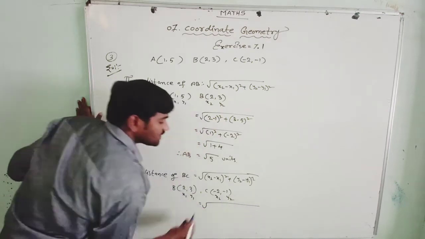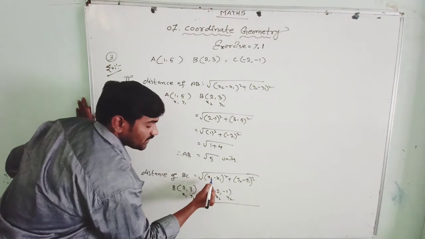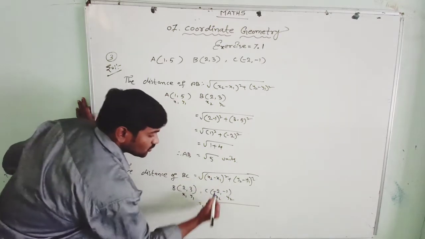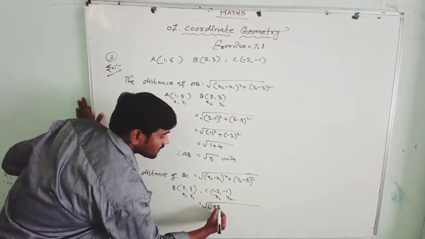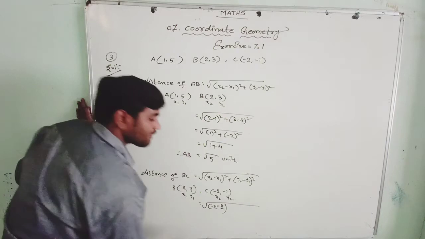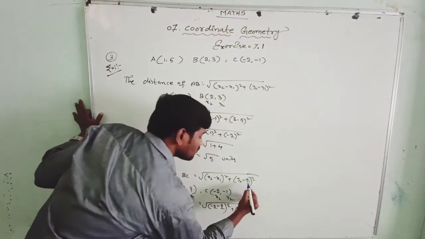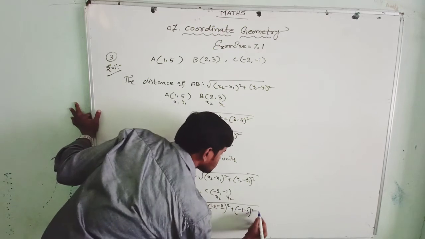Let us plug these points into this formula. x2 minus x1, x2 is minus 2, minus x1 value, that is 2, whole square, plus y2 minus y1, that is minus 1 minus 3, whole square.